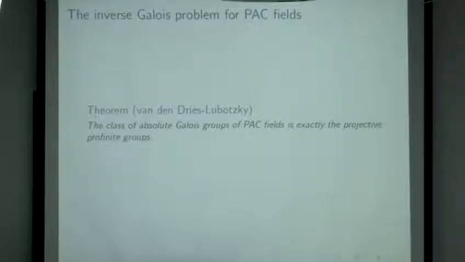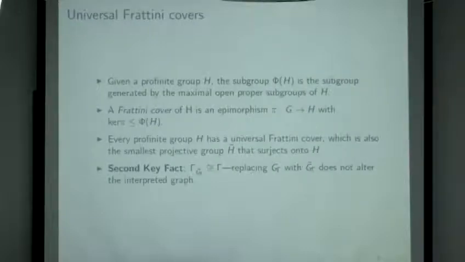So what we want now is a construction that not only takes a graph and builds a profinite group, but takes a graph and builds a projective profinite group, such that I can recover the graph from that group. So how do we build projective groups? If you have a profinite group H, there's a certain subgroup called the Frattini subgroup, denoted capital phi of H, generated by the maximal open proper subgroups of H. From the definition, it is automatically a characteristic subgroup, so it's normal.